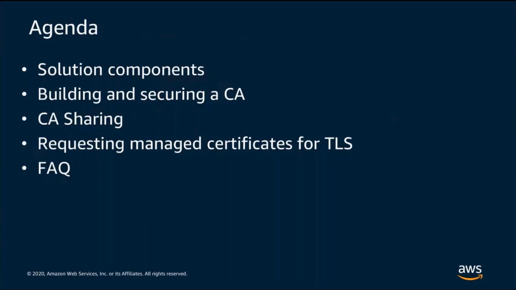Then we'll walk through a demonstration of sharing a certificate authority, another demonstration on how to request a managed certificate from TLS from the account that the CA was shared to, associate that with the ELB, and then some frequently asked questions from our customers, and a conclusion.